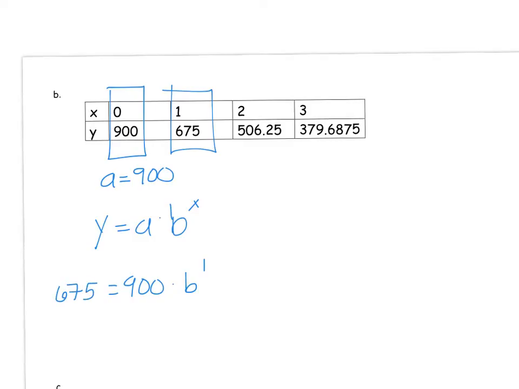So all I do is I plug in my y and my x from here, and then my a is from my 0, okay? Right there. So there's all my values. Now I need to solve.